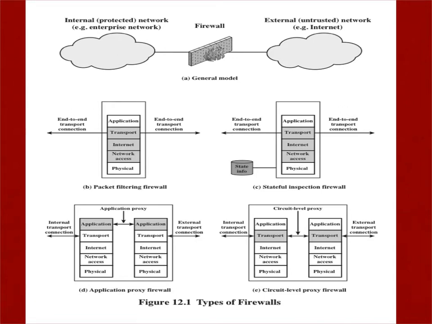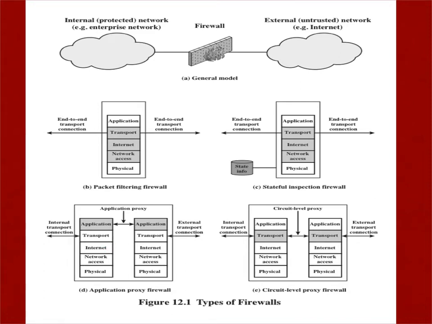We also covered the stateful, in which case this not only applies the rules but also keeps track of the states of each TCP connection end to end, and if the incoming packet, even if it fulfills the rules but does not belong to any of the connections, that also will be a reason for discarding the traffic.